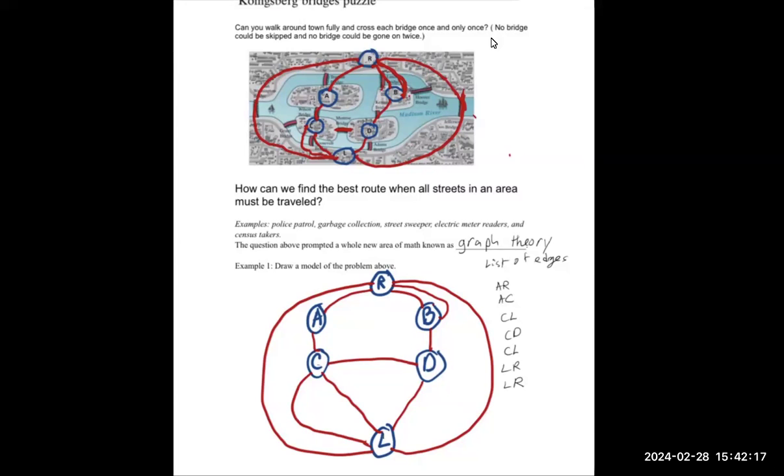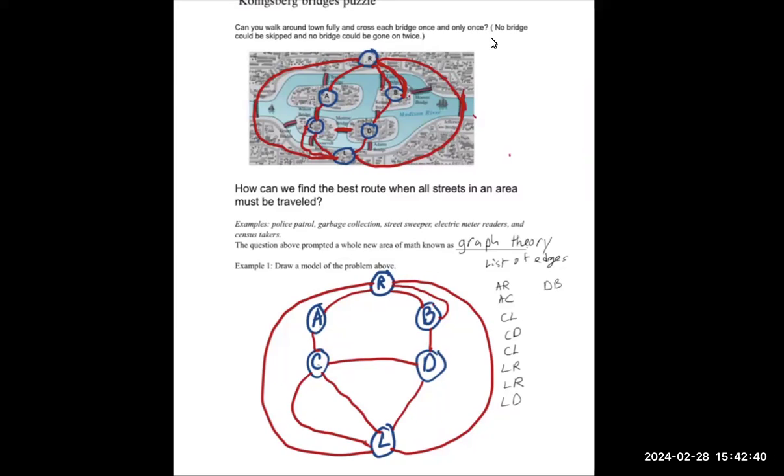And then there's LD. So I'm just listing every red line that I see in the picture. Then everything connected to D: well, we already listed DC, but then there's BD or DB, however you want to say it.